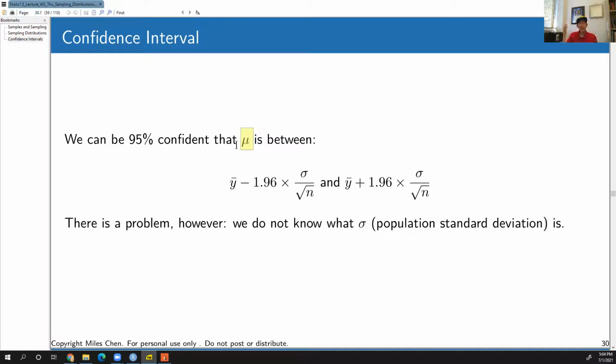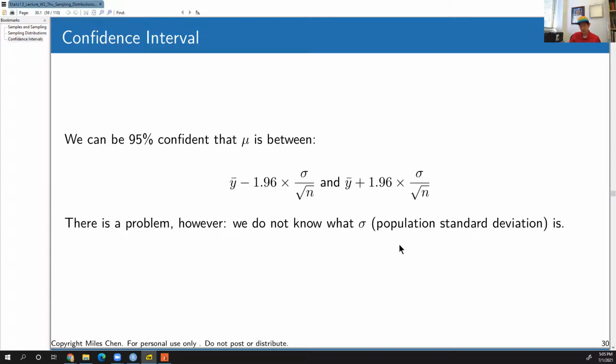And I can't think of a scenario where you don't know the mean of the population, but you do know the standard deviation of the population, right? If you don't know the mean of the population, how are you supposed to know the standard deviation of the population? I suppose there's some strange scenario where this could be the case, but in general, we're not going to know what the standard deviation of the population is.